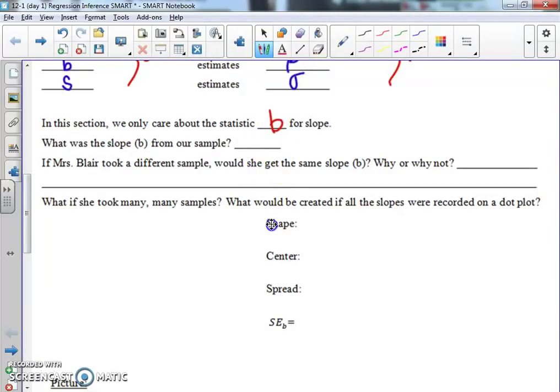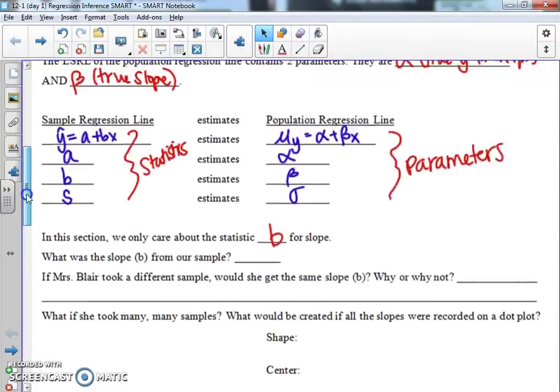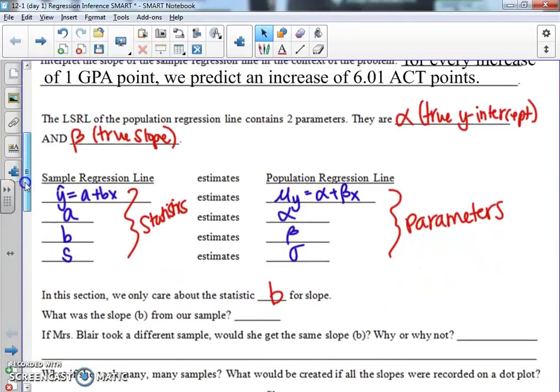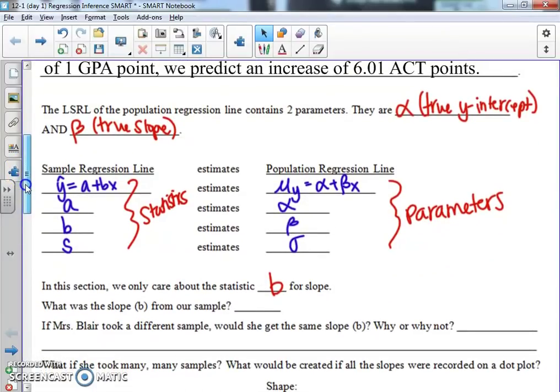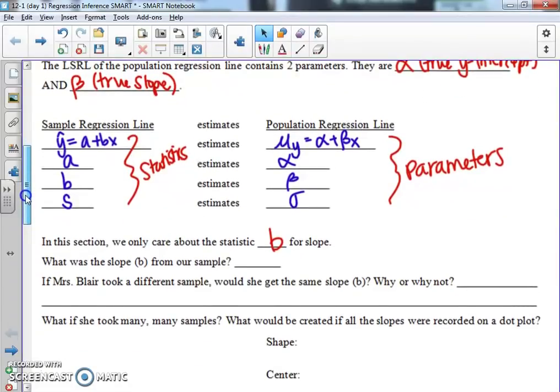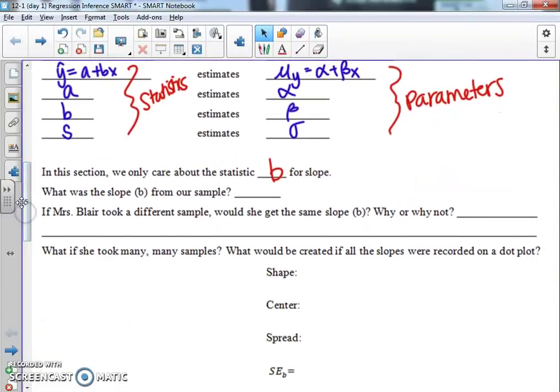Because realistically, in these formulas, the B is the only one that really gives us much information. And if you go back to this interpretation of the slope, the slope is what gives us most of the information about the data. Most of the time, the y-intercept is an extrapolation anyway. So we're not really going to be testing the y-intercept. We're going to be testing the slope. So everything we do with regression will have to do with the statistic slope.